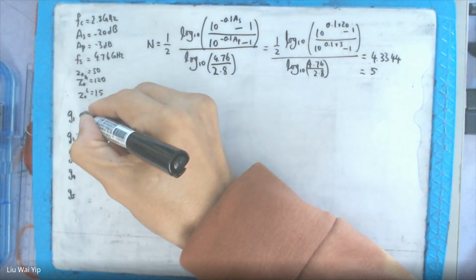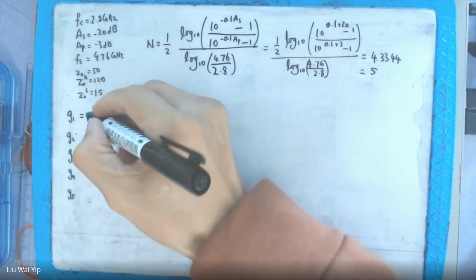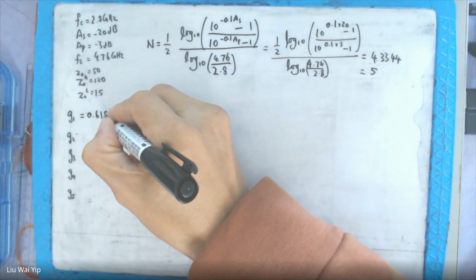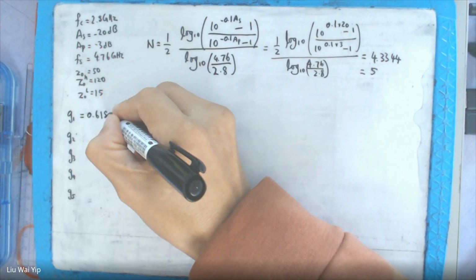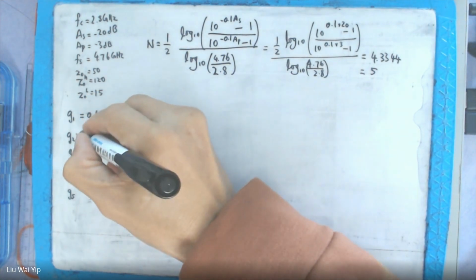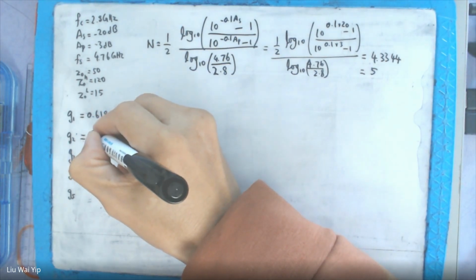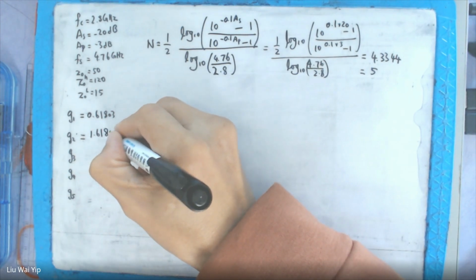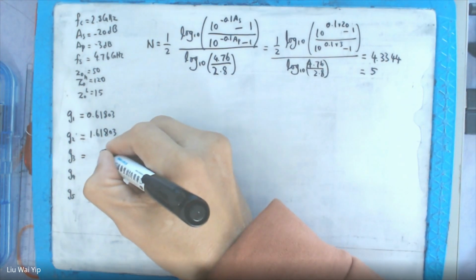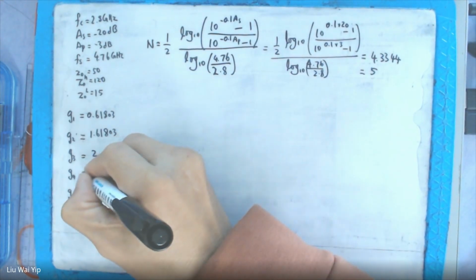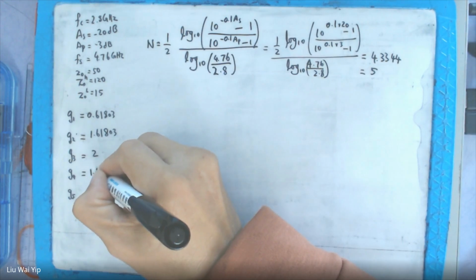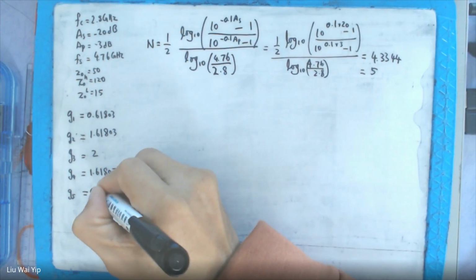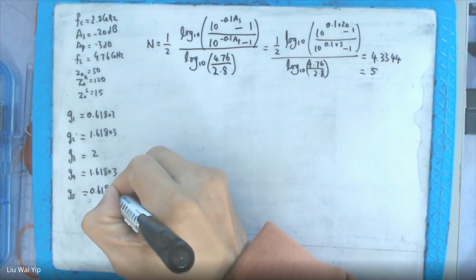And according to the table, the values are 0.618, 1.618, 2, 1.618, and 0.618.